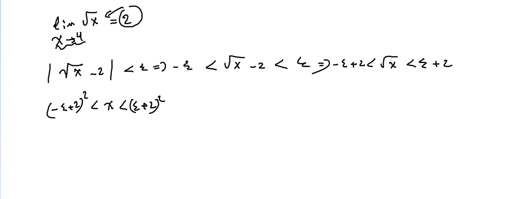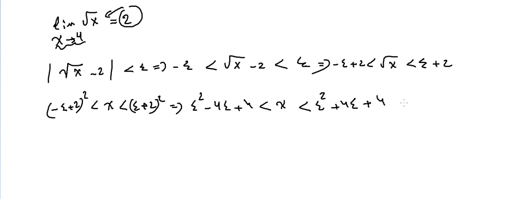What else? Let's square all sides. It's epsilon squared minus 4 epsilon plus 4 less than x, which is less than epsilon squared plus 4 epsilon plus 4, using the identity of a plus b squared. Now let's subtract 4 from all sides.